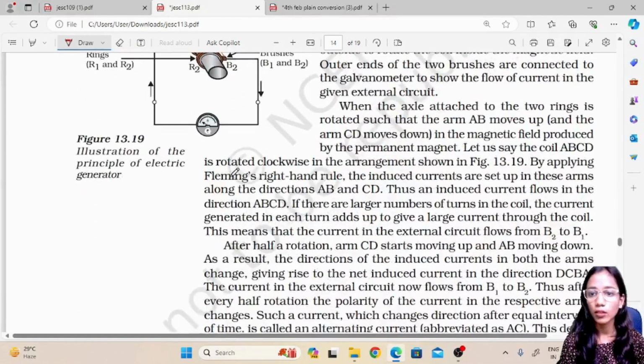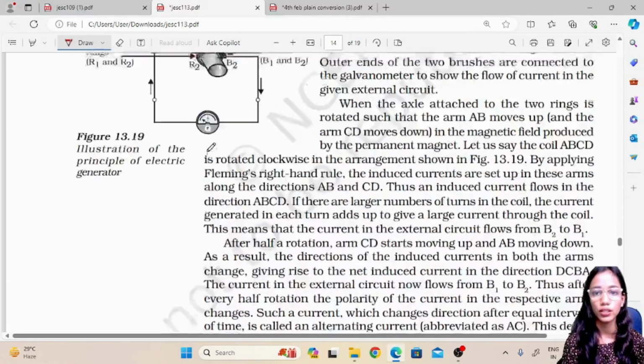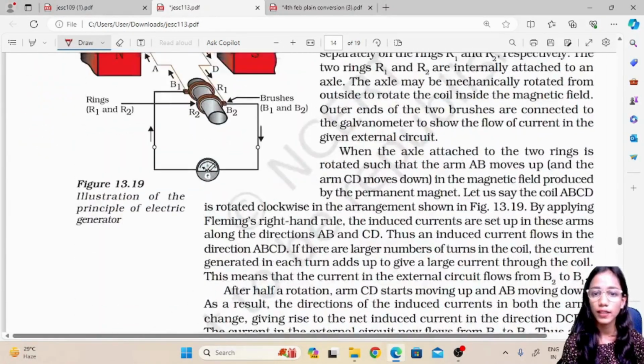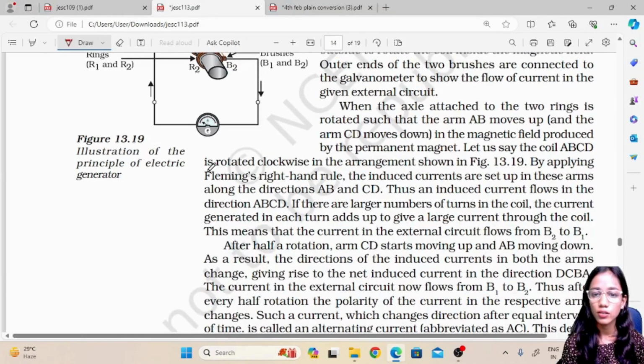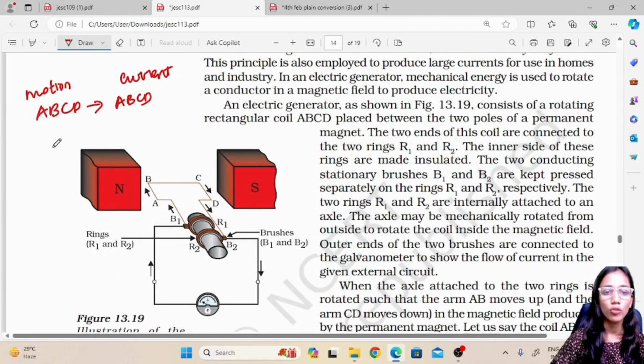Now after a half rotation, the arm CD starts moving up and AB starts moving down. Now the motion of the coil is towards DCBA, that is the anti-clockwise direction.